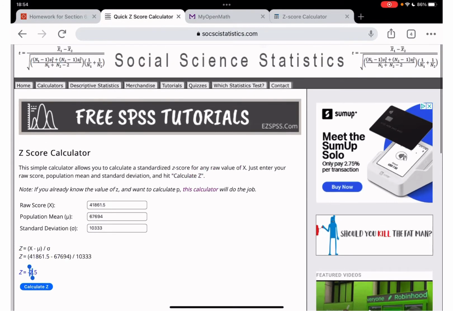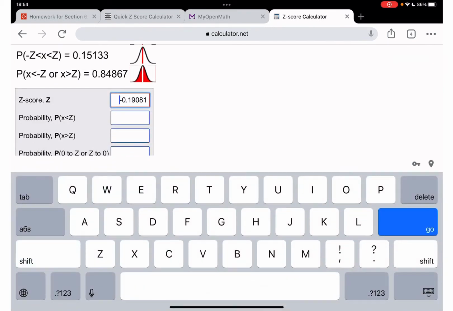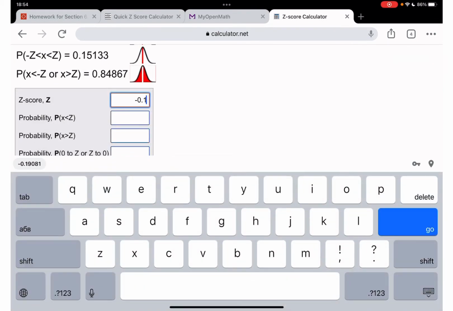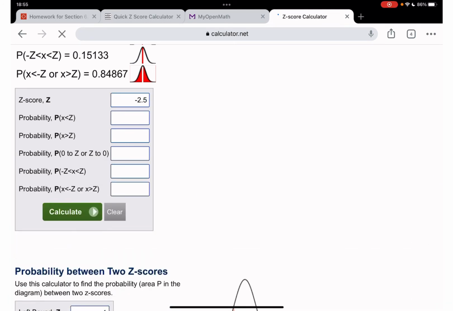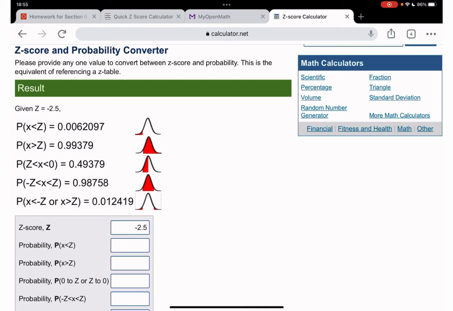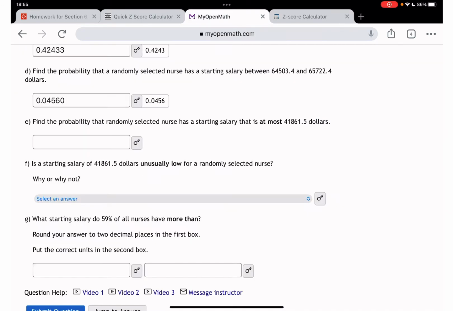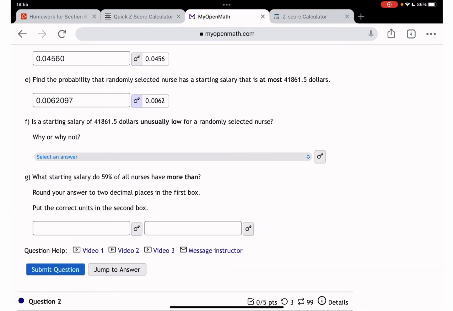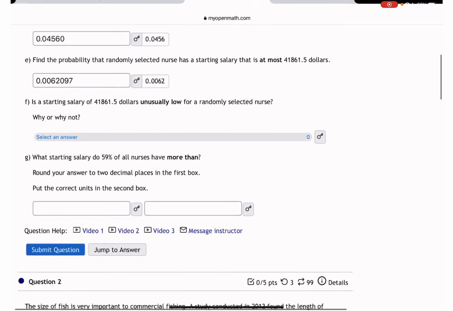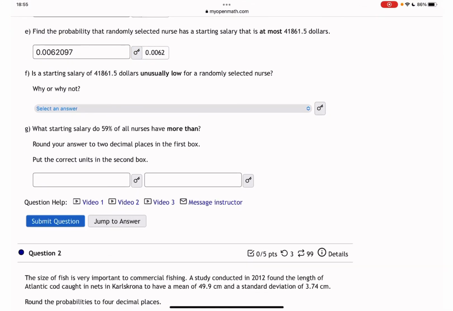Okay, that's easy number. And let's go probability. Since it's less than, this is going to be our probability 0.006 and so on. Let's place it here. And that's exactly what we got. Next.